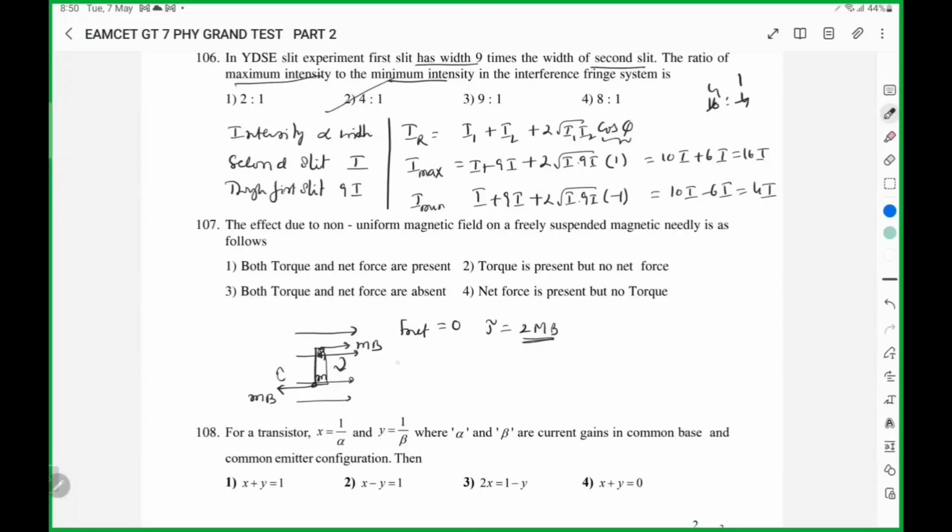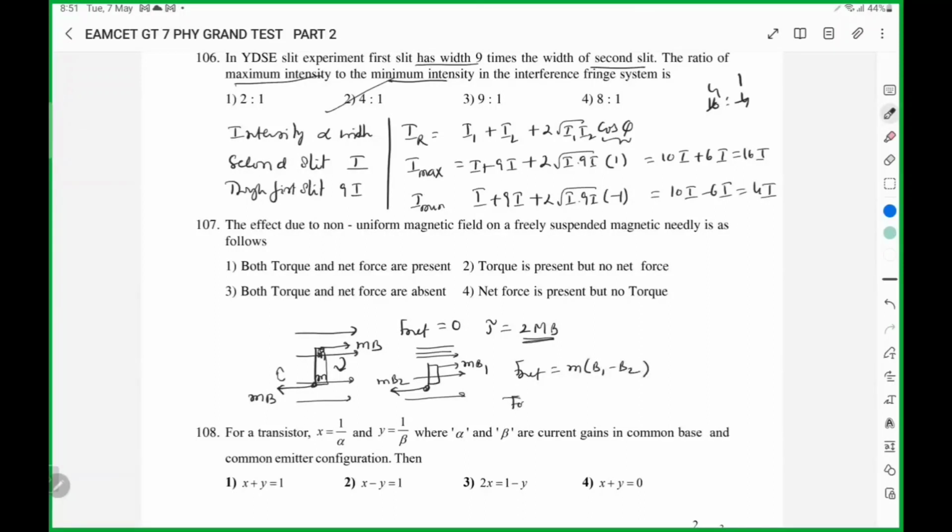Suppose the field is non-uniform. Then in such a case, the magnet is placed here with MB1, and at this point MB2. There is a net force m times B1 minus B2.